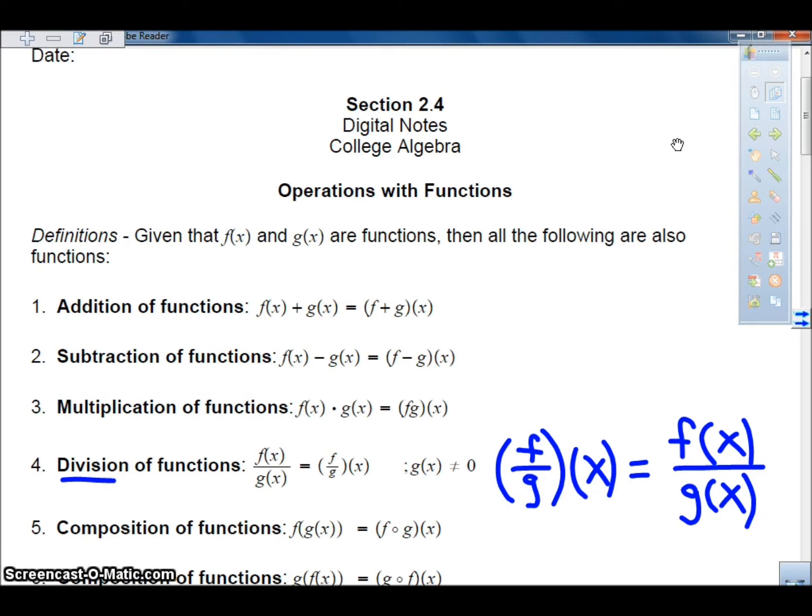I don't have to analyze it in any other way. If f is a function and g is a function, then f divided by g will also be guaranteed to be a function. And the same thing with adding, subtracting, and multiplying. If you add two functions together, because the original two things were functions, the result is guaranteed to also be a function. You don't have to do any further analysis to determine that.